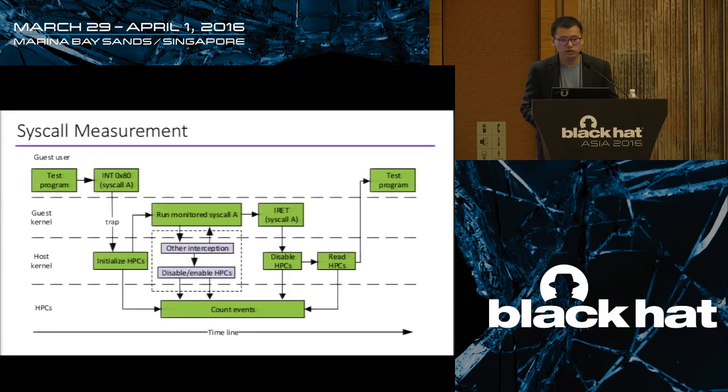During the syscall process, there may be other high priority events that interrupt the counting process, but there won't be any problem, because we store the counter value before we execute the interruptions. Once the interruption finishes, we restore the counter value and keep counting.